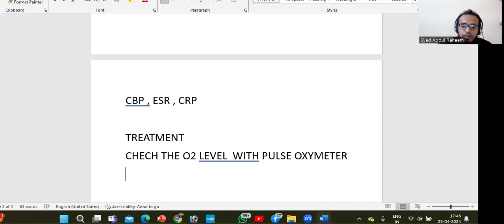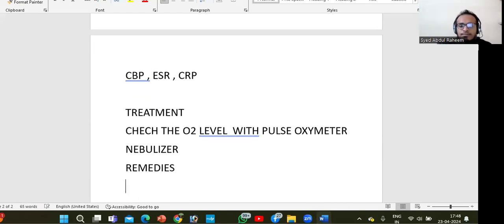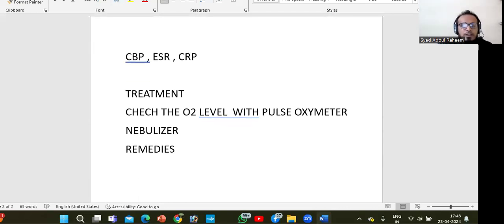Next, you need treatment of pneumonia. Nebulizer is very important, because it clears the inflammation in the alveoli. Next, medicine, remedies. What are the remedies for the nebulizer?